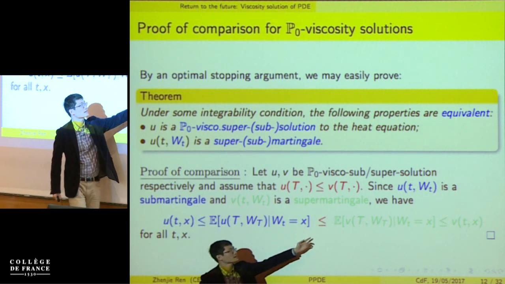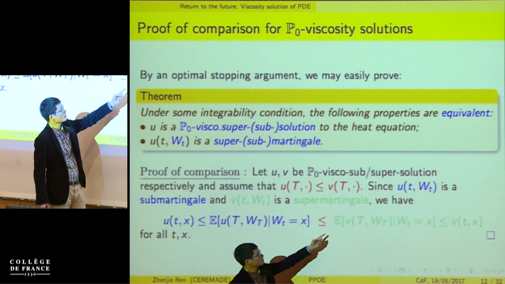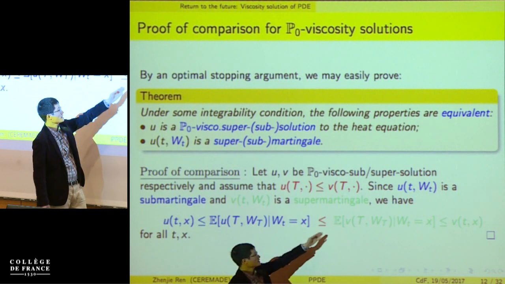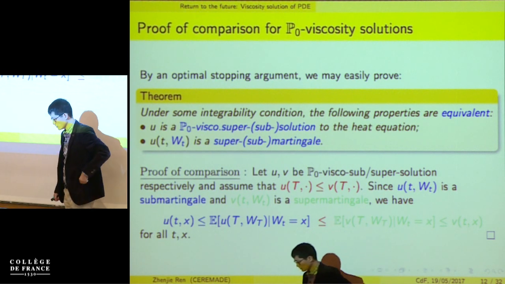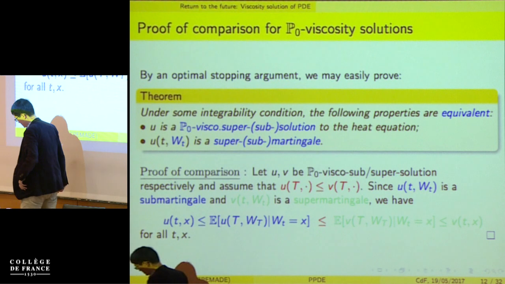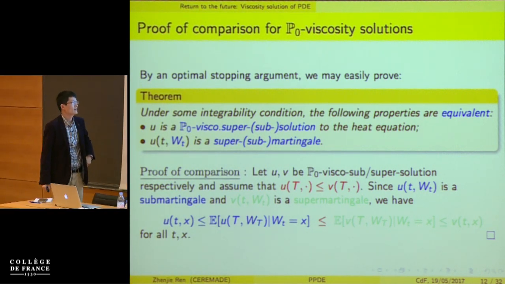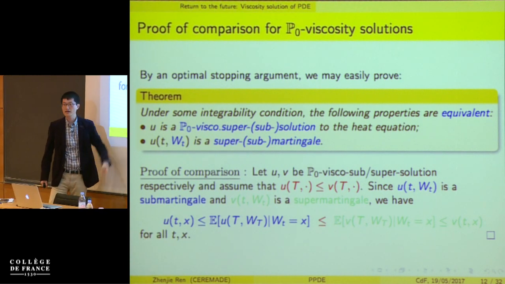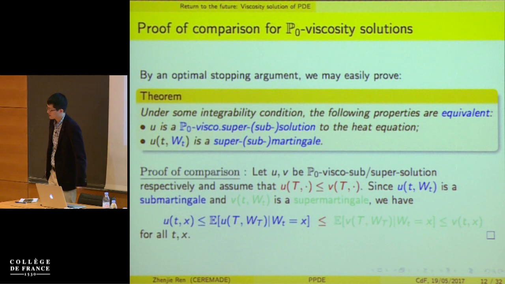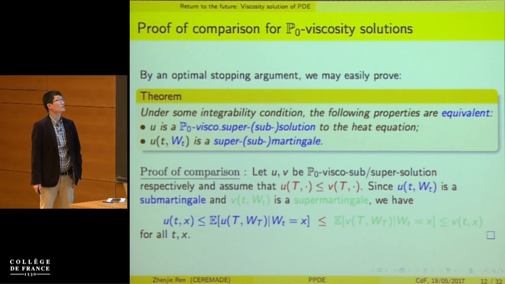Then by the dominance at the terminal time, we have the second inequality, U is less than V at capital T. And then again, we use the super-martingale property of the process V to get the final inequality. If we read it through, we find U is dominated by V everywhere. So this is exactly the result of the comparison principle. Very simple to prove here.